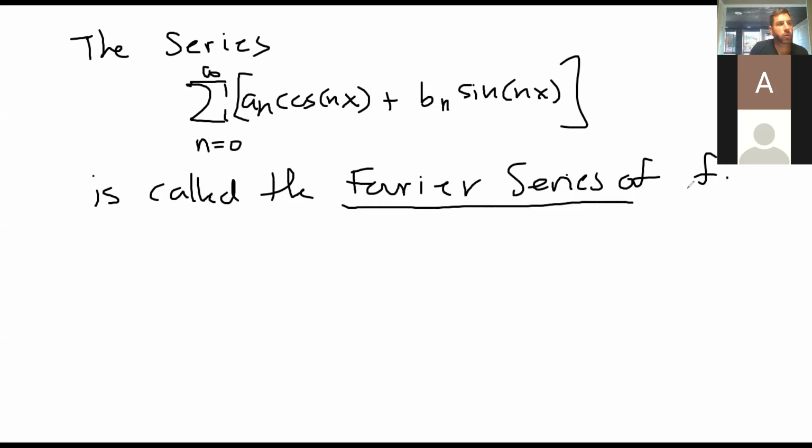Now, what's important to note is, I didn't say f is equal to it, because we don't know that. Just like when we studied power series and Taylor series in Calc 2, we didn't know that. We have to decide when a function is equal to its Taylor series. We have to decide what functions are equal to the Fourier series.